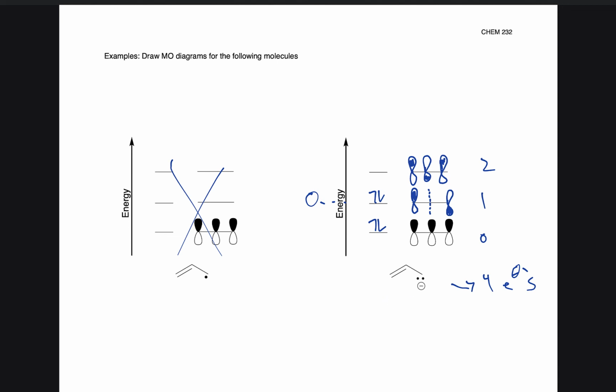And so that negative charge is placed across the molecule on either side, which is how it looks in our highest occupied molecular orbital, and our lowest unoccupied molecular orbital is up above it.